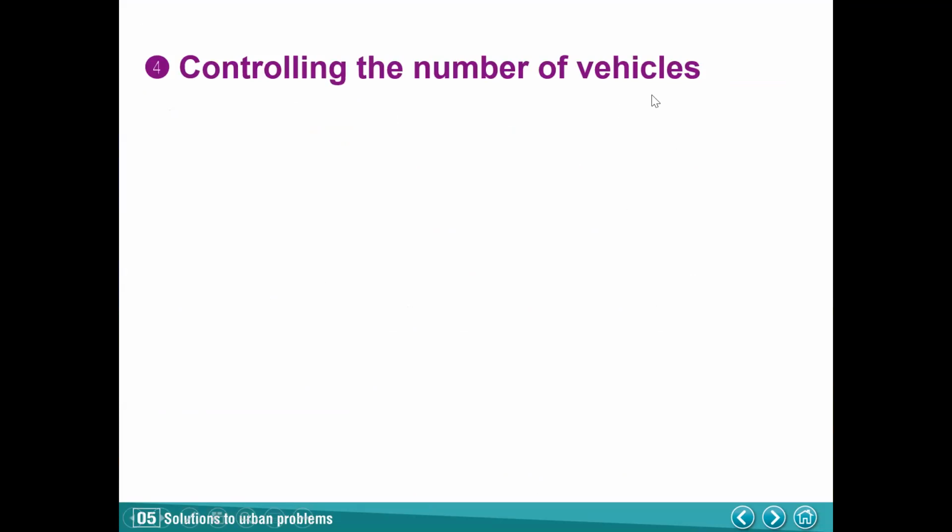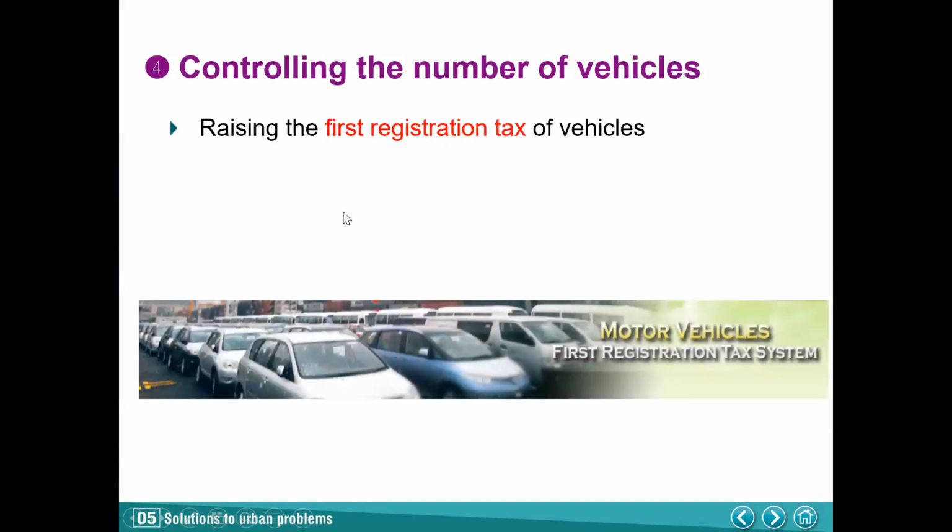And another effective solution is to control the number of vehicles. For example, the government can raise the first registration tax of vehicles. The first registration tax is quite expensive. It is almost half the price of most new cars.